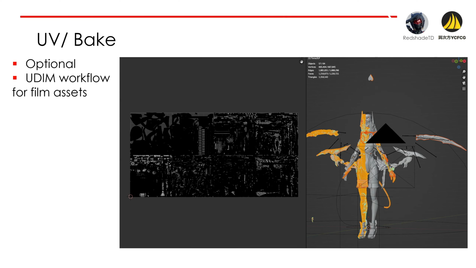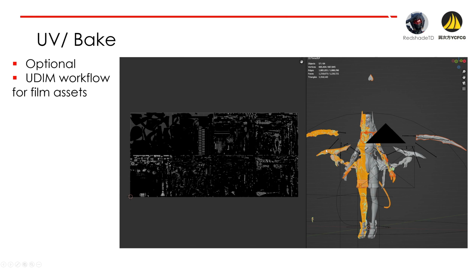After the topology of your characters is secure, we can move on to UV and baking. And this stage also relies heavily on your end goal for your characters. So if your character is going to go into a game, you may only want one or two UV tiles for your entire character.